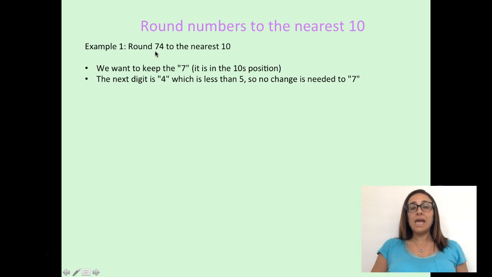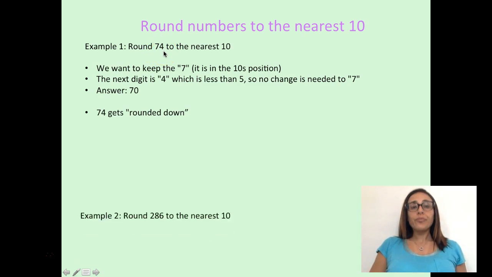It remains the same, but we replace the 4 with a 0. So our answer is 70. This number, therefore, gets rounded down because 70 is smaller than the original number, which is 74.